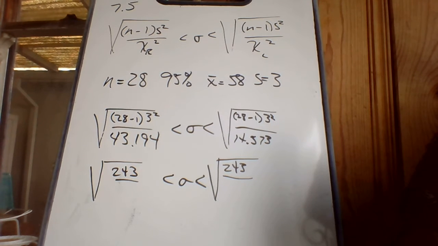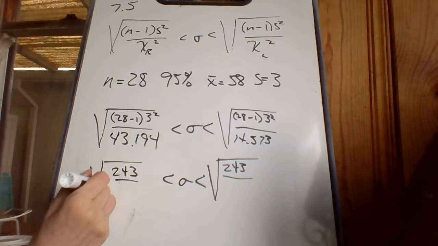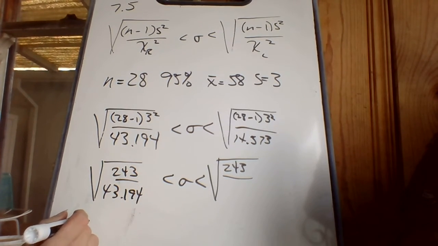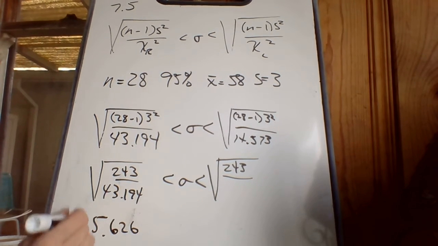243 divided by 43.194. I'll call that 5.63. What did I call it in the notes? I called it 5.626 in the notes, so I'll go ahead and do that. I still haven't square rooted.